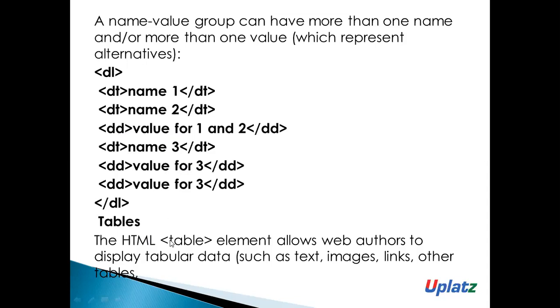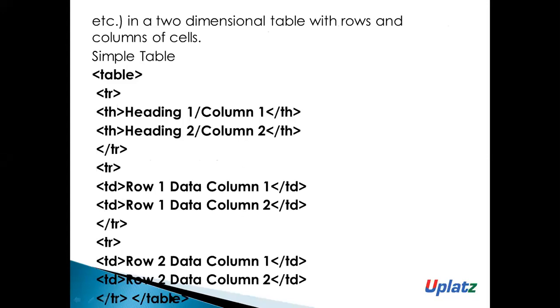So next is table. The HTML table element allows web authors to display tabular data such as text, images, links, and other tables.